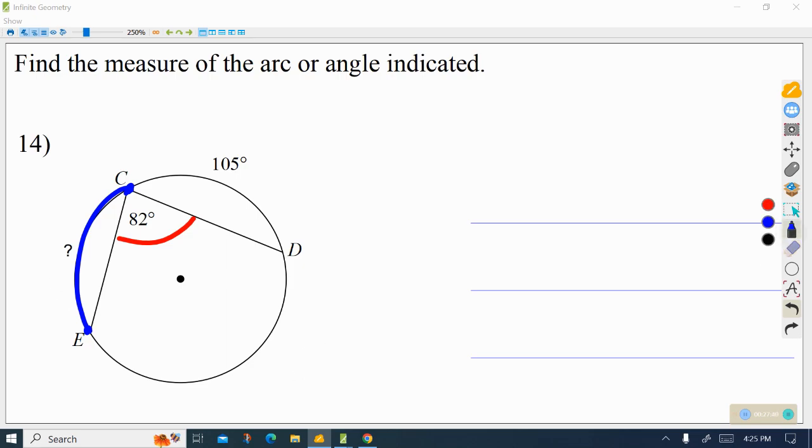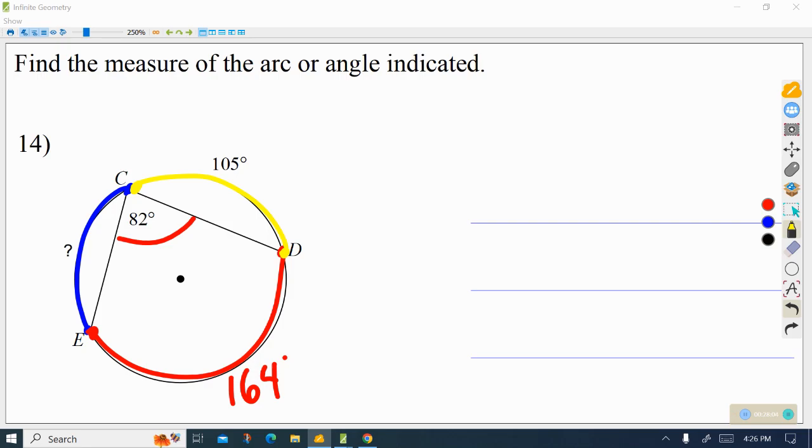So that tells me that I should have started at the top of the list where we say inside is half, and outside is double. And because I have this outside number, I'm going to go ahead and do it. Outside is double. So double of 82 is 164. And now that's actually the trick to the whole problem, because it becomes a little more obvious now that these three arcs all have to make 360.